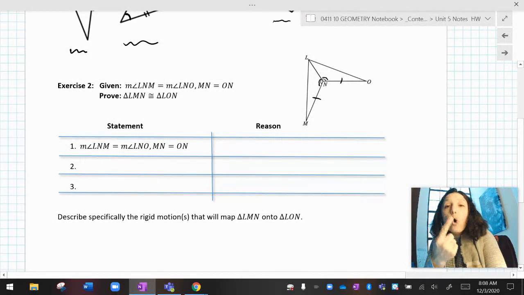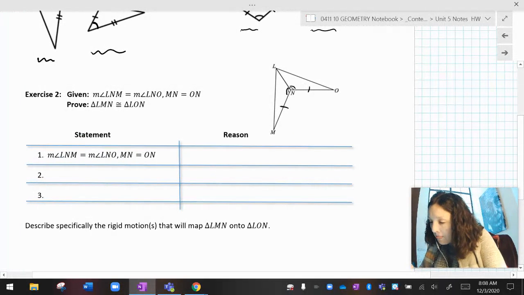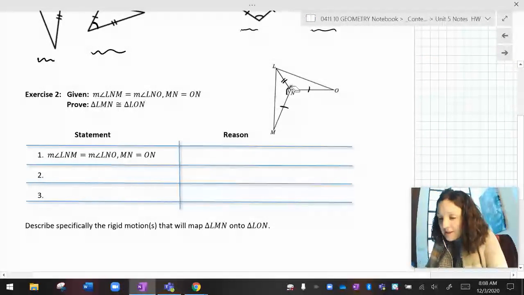Option 1, find all 6 corresponding parts. Yeah, we're not going to do that because option 2 is better. Find 3 pairs of corresponding parts that make SAS. SA, well, what other side would I need? I would need this one. Is that side congruent? Oh, yeah, it would be, because that's the side that's shared by both triangles. That's reflexive. So we can do this. We can do SAS with this.